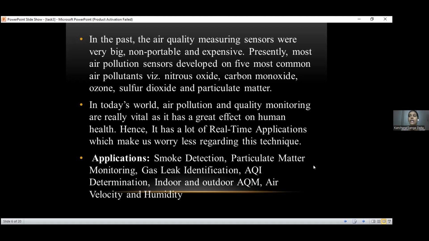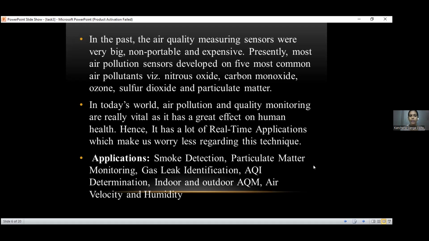People living in those areas are innocently living there and inhaling all those air contaminants along with their normal breathing process. That may not affect them immediately, but in time, if they inhale the same air which has smoke, it definitely causes harm to their health. So that is one of the most important detection applications.